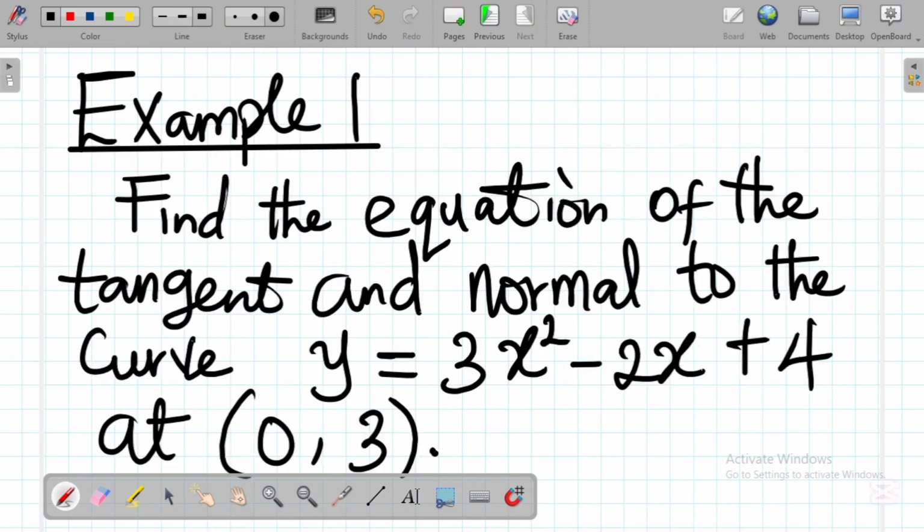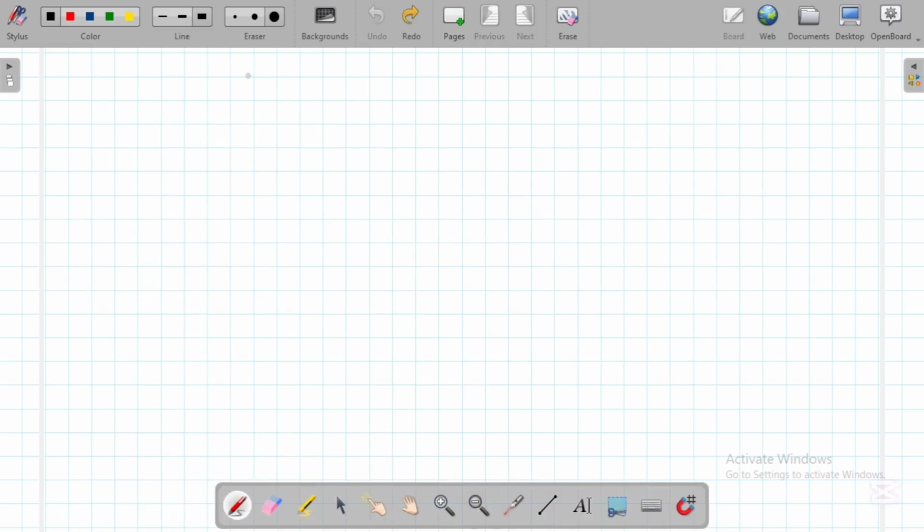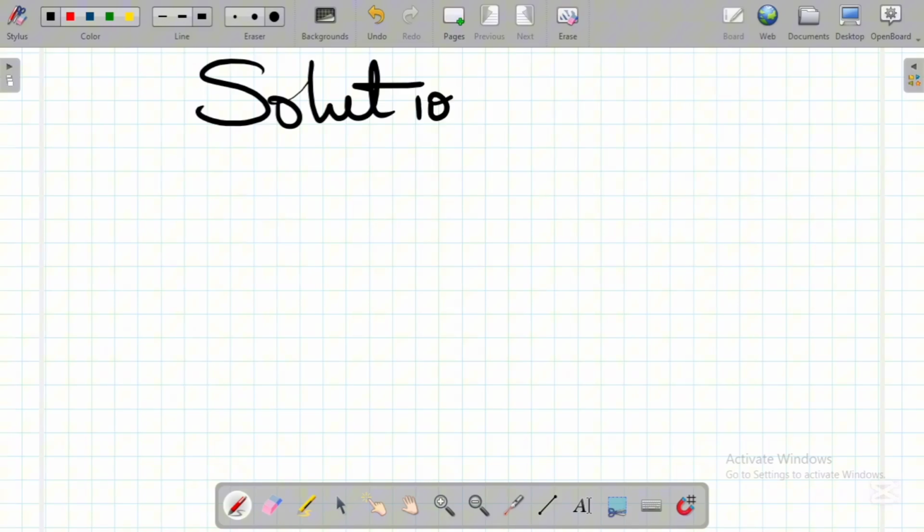Example 1. Find the equation of the tangent and normal to the curve y equals 3x squared minus 2x plus 4 at coordinates (0, 3).